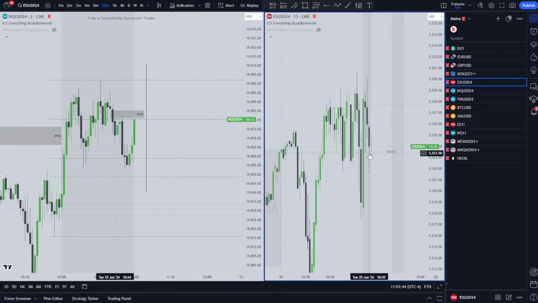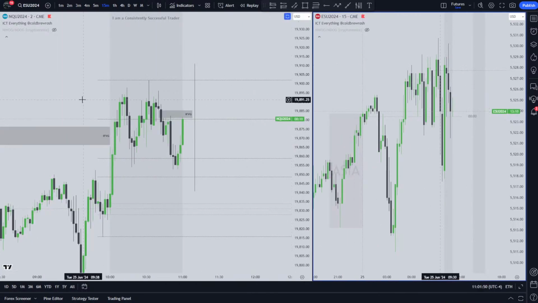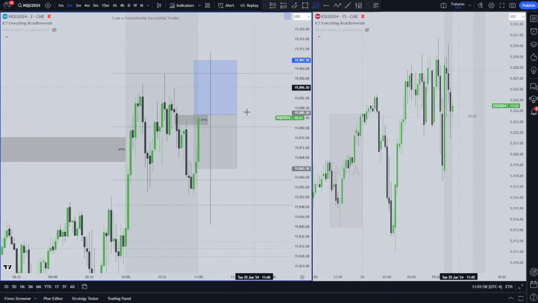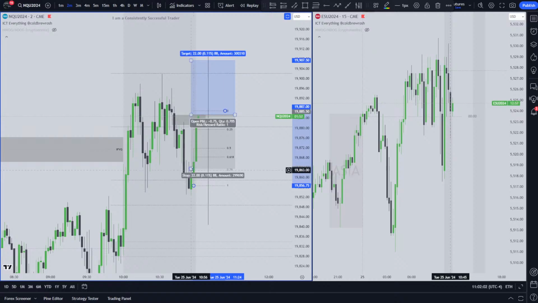We did close above that midnight though, and YM has swept sell side. I want to see what the risk would be.